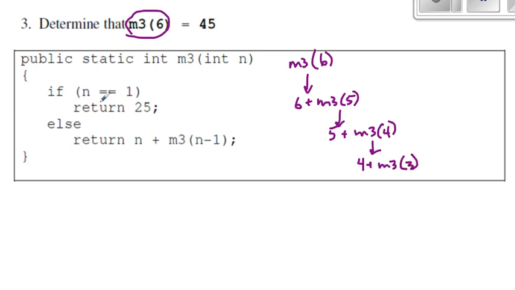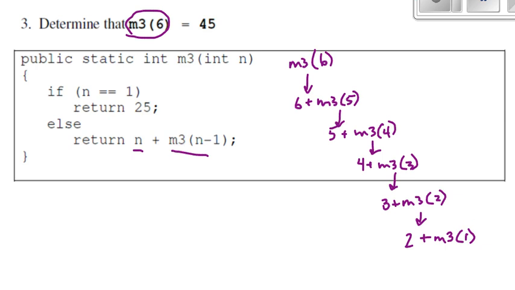I keep doing this until I hit 1, right? So here I'm going to call on 3, because that's my n, plus M3 of 2. And my n is 2, so I'm still not to my base case. I do this one more time, and here I've got 2, which is n, plus m3 of n minus 1, which is 1.